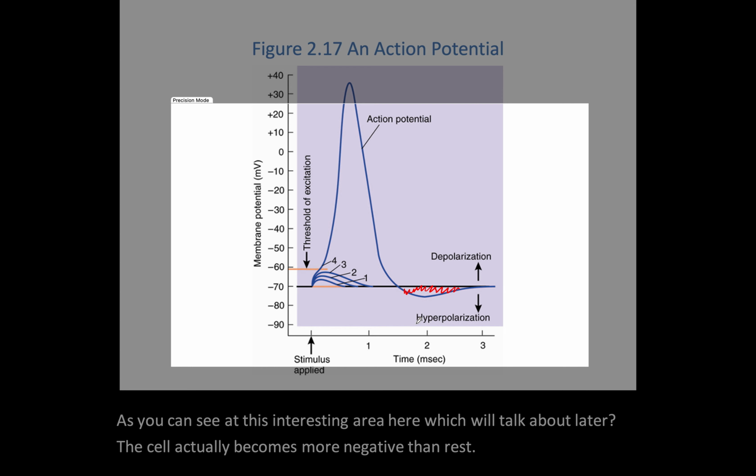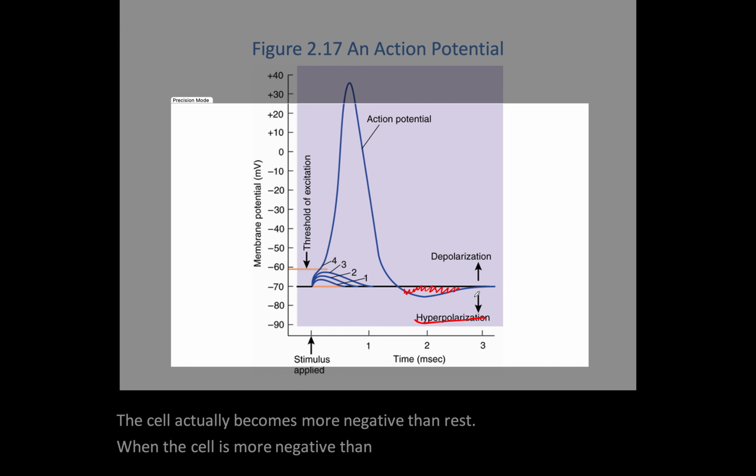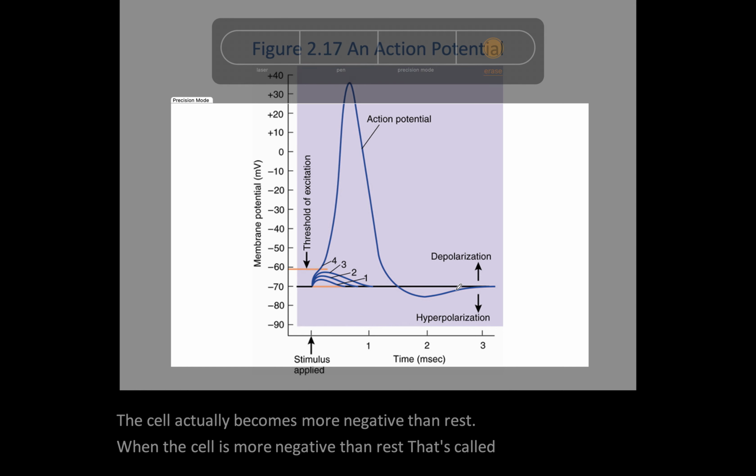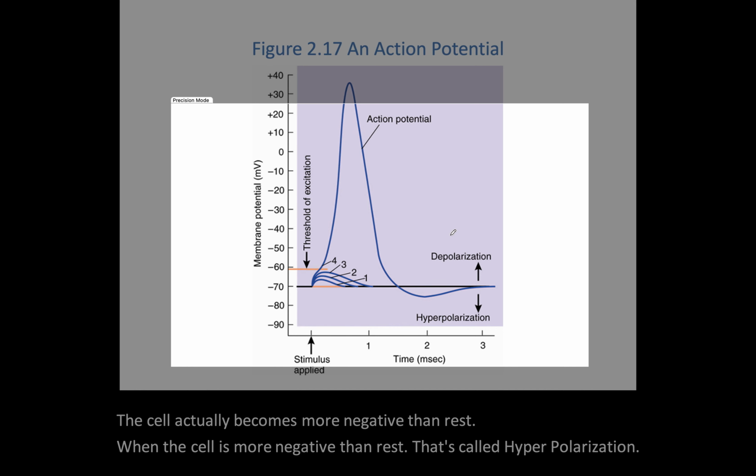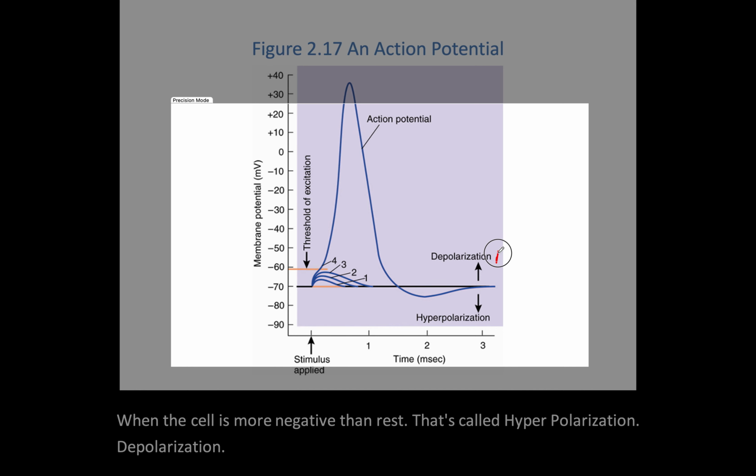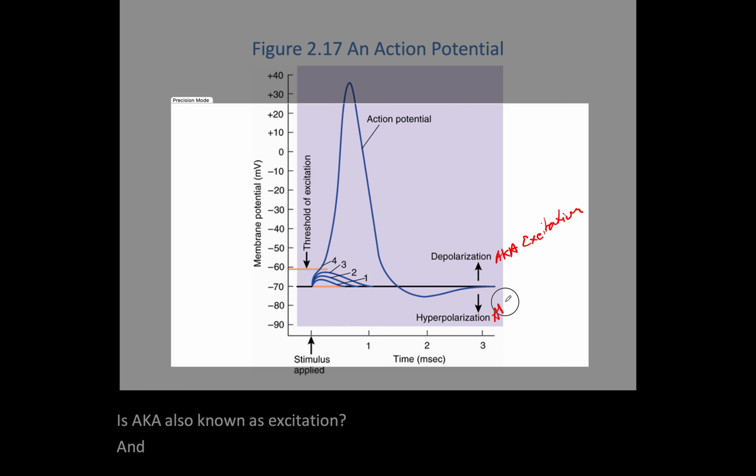When the cell is more negative than rest, that's called hyperpolarization. Depolarization is AKA, also known as excitation. And hyperpolarization is AKA inhibition.